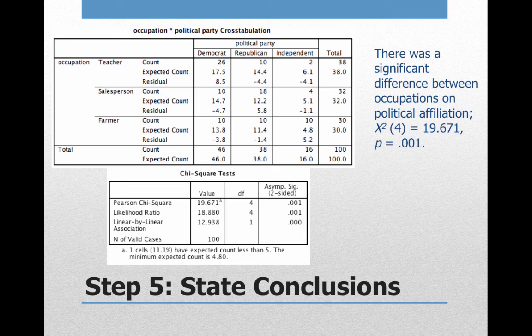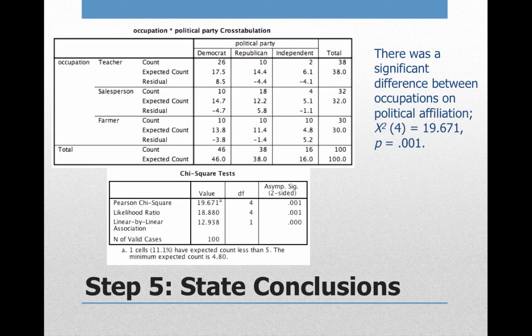Whenever we think about your observed count, which when you look at an SPSS crosstabs, doesn't say observed, it just says count. Remember, when it just says count, this is what we actually saw within our sample. But the bigger the residual is most likely where that significant difference lies, right?